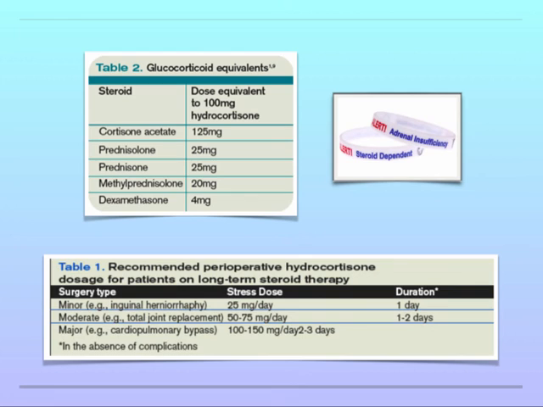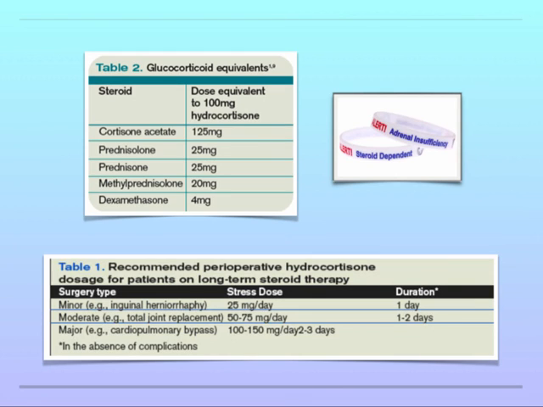Table 1, take a look at that too, because a lot of times, like I said, if these patients are on long-term steroid therapy, they have to adjust their doses according to a stress response. So if they were to have minor surgery, such as a hernia repair, it would be 25 milligrams a day, and they'd only do it for one day. If it was a moderate surgery, like a knee replacement or a hip replacement, depending on the patient, usually they'll do like 50 to 75 milligrams per day, for a few days.